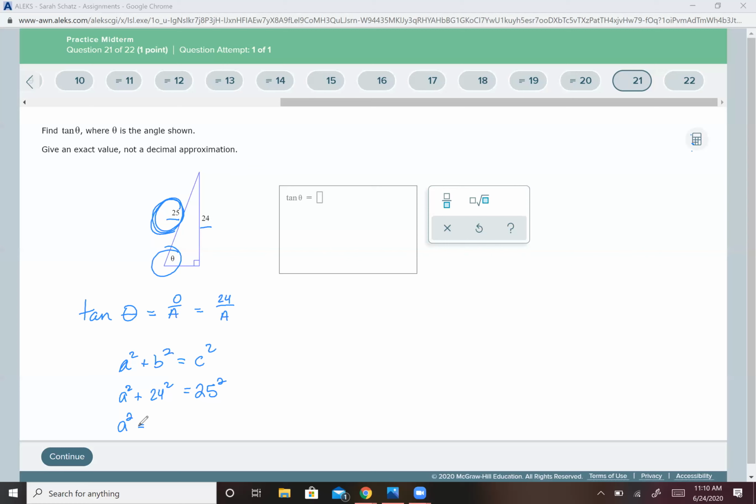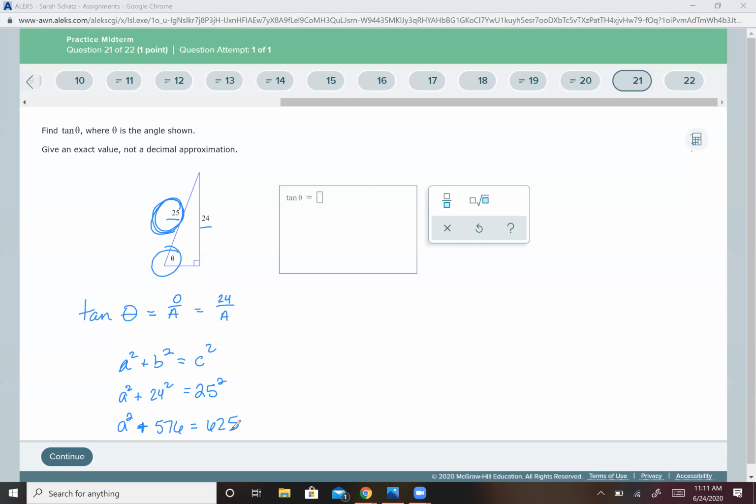I should know this, and I do, but I always second guess myself when I'm teaching because I feel like I'm gonna make a silly arithmetic mistake, and if I do, then it just messes everything up, right? So anyway, I'm double checking my whole life here. All right, it's exactly what I thought it was. Sorry, this is a plus here. A squared plus 576 equals 25 squared, which is 625.